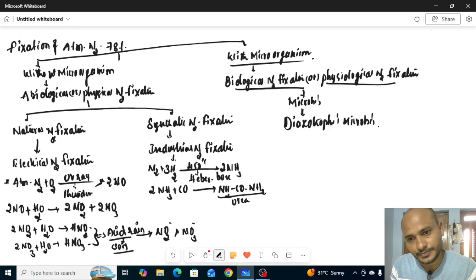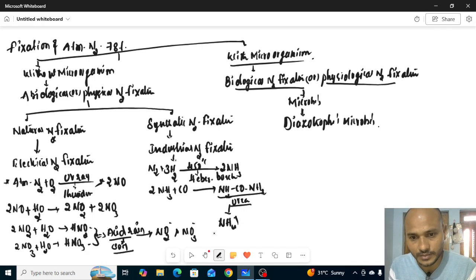When we use urea in agriculture in the field, this urea comes back and is available to the plant in the form of ammonium ion. So this is how plants utilize atmospheric nitrogen in different forms. Here the plant uses atmospheric nitrogen in nitrate form. Here the plant utilizes atmospheric nitrogen in the form of ammonium ion.